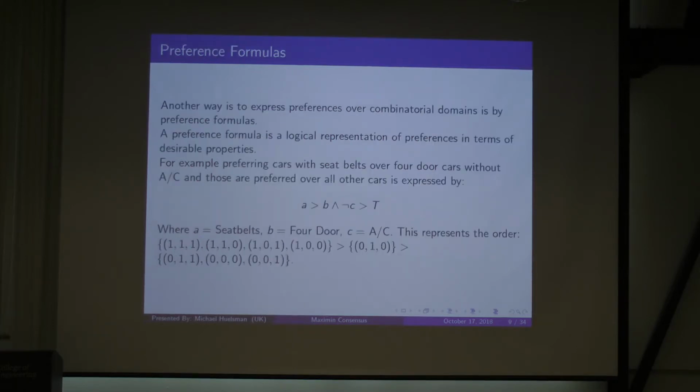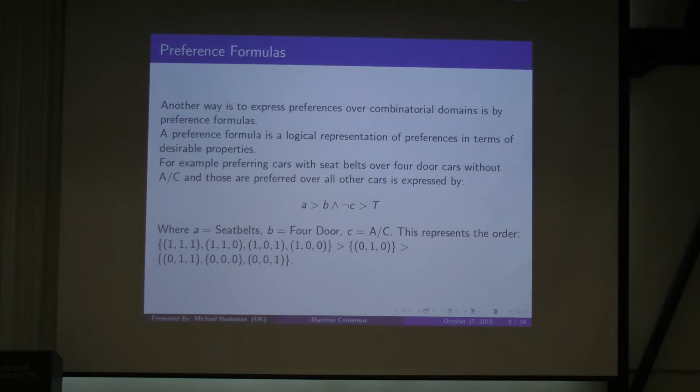So another preference representation, and one that is specific to this research, is what's called a preference formula. The idea is that instead of saying, oh, I think this is the most important thing, and then this is the next most important thing, you describe logically desirable properties.